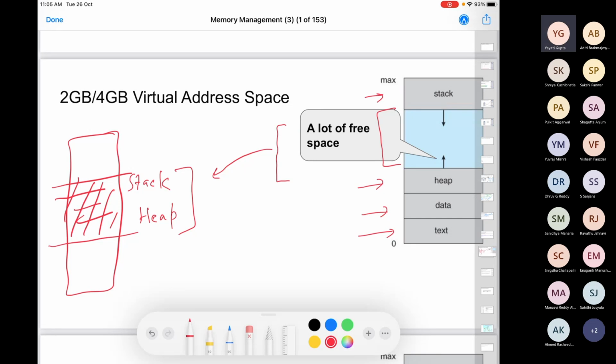We can well say that initially I'll give 0 space for stack and heap, and as the process makes some function calls, and maybe requests some dynamic memory, at that time I'll give it more space here and grow the process. So what's the problem with that?